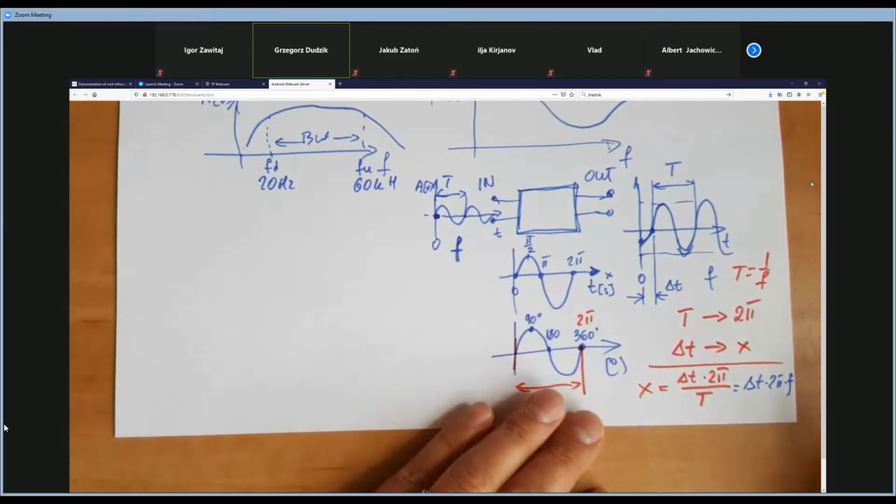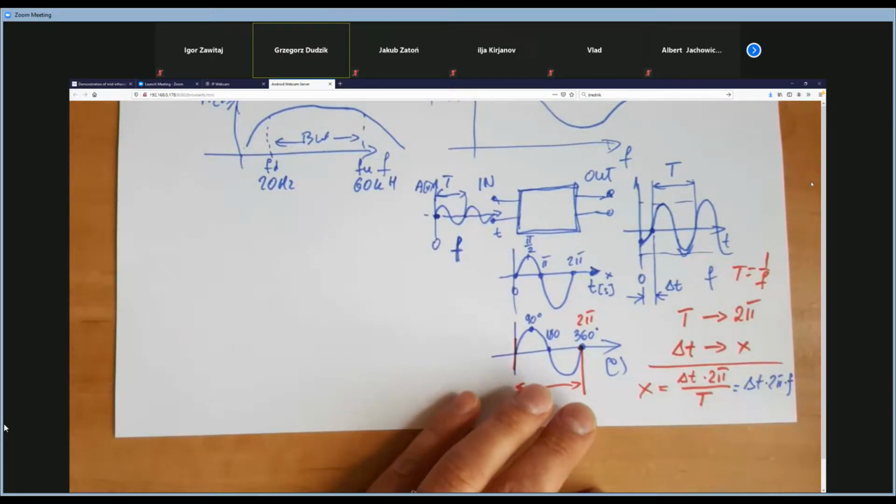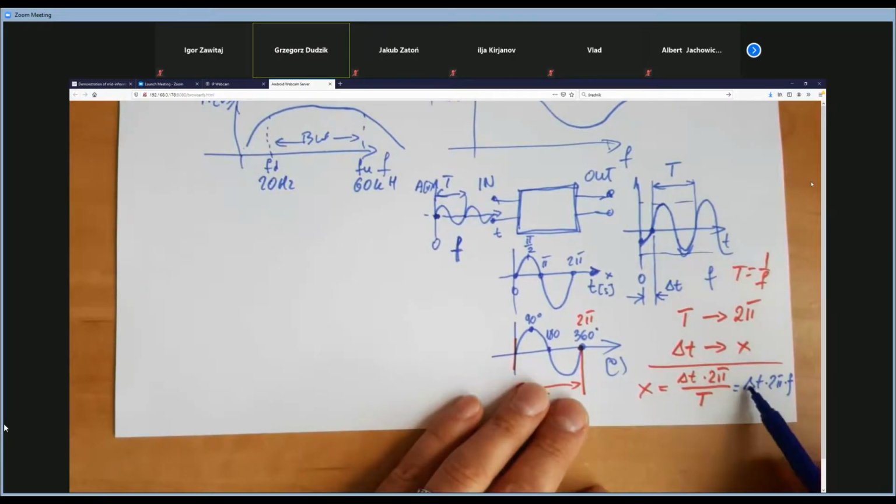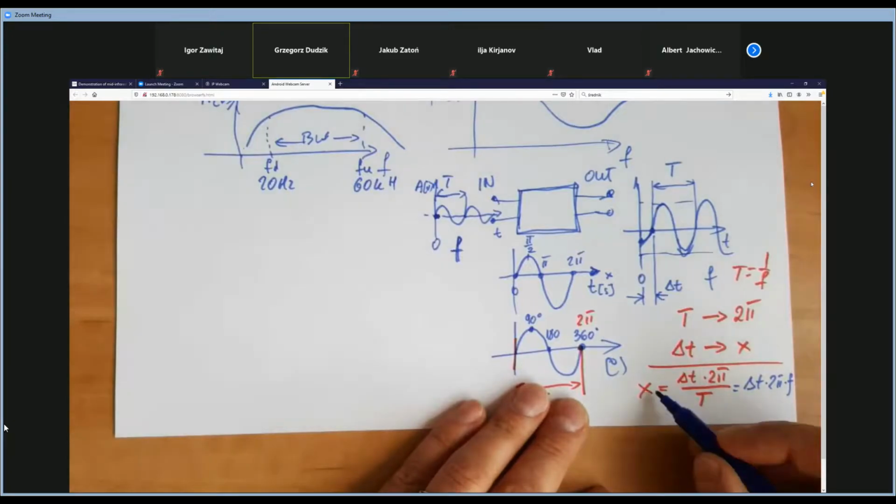And as a result, look, delta t is in seconds. The frequency is 1 over seconds. Seconds and seconds are reduced, so we'll have only 2 pi. We have the representation in radians, not in degrees. So here it is radians.